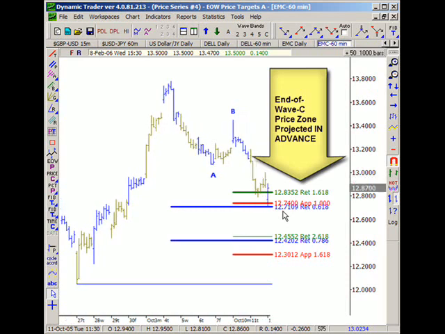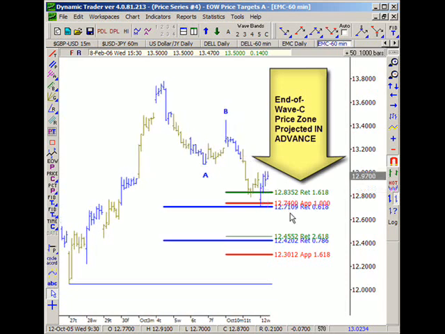As of the last bar on the chart, and this again is 60-minute data, the market has spiked down and just tagged the 62% retracement, which is the extreme of the high probability end of wave C target zone. So let's add some more data on here.